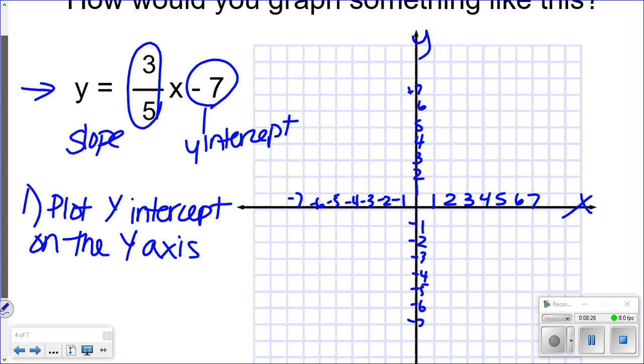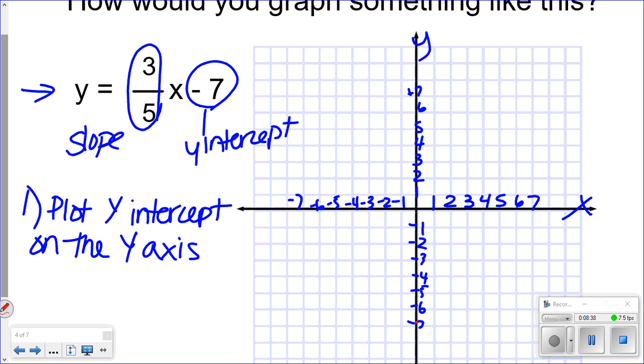So I have -7. I'm just going to put a dot on -7, which is down here. There's -7, plotting my y. The reason why it's called the y-intercept is because that's where our line is going to go through the y-axis. That's what's going to intercept that y-axis. That's why it's called that.